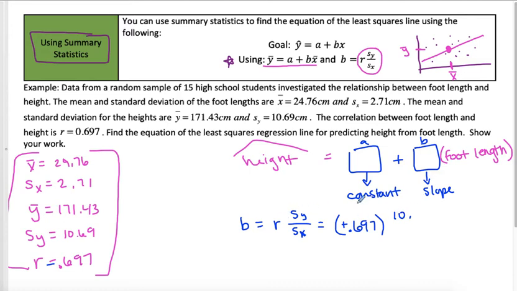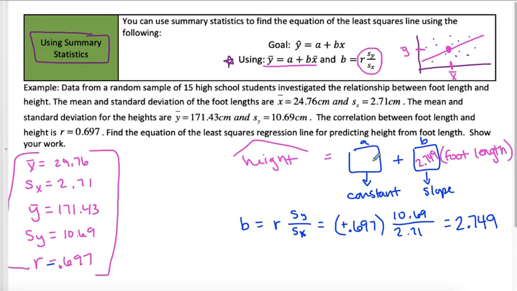So I'm plugging in a positive 0.697, a Y standard deviation of 10.69, over my standard deviation of X, 2.71. Just like slope, Y's over X's, rise over run, and we can find that slope to be 2.749. Now that's our slope.